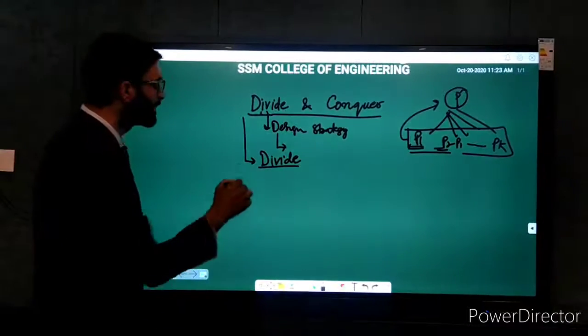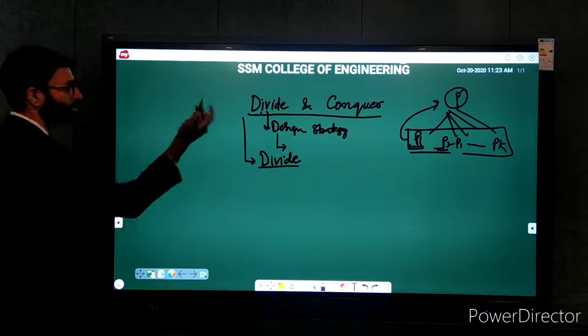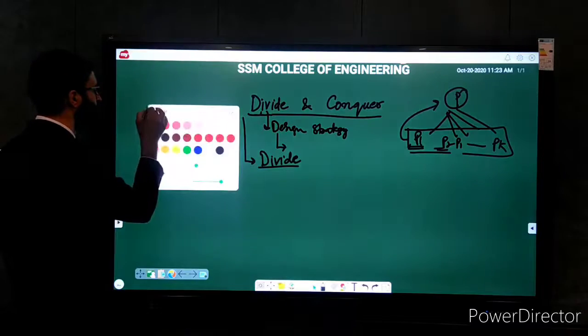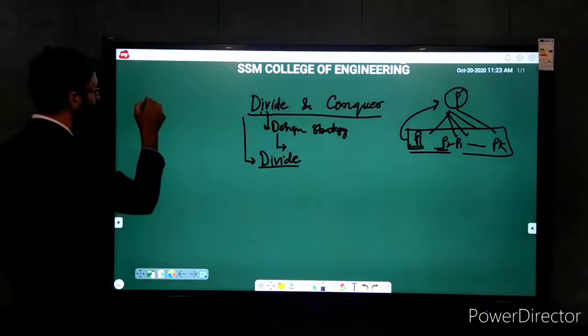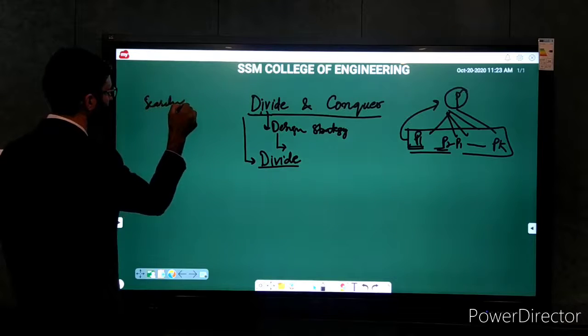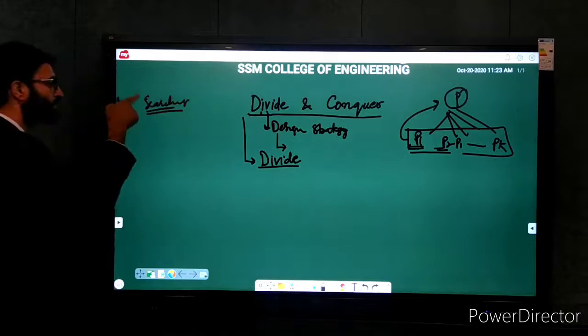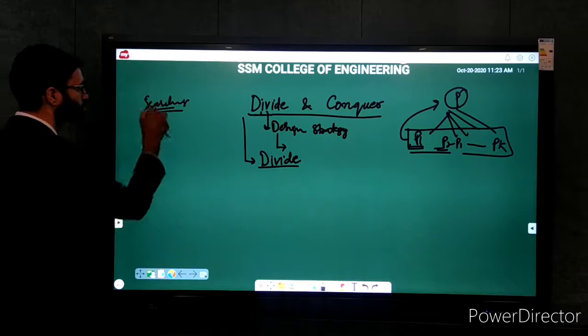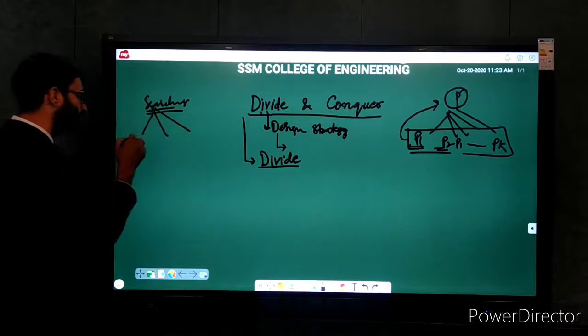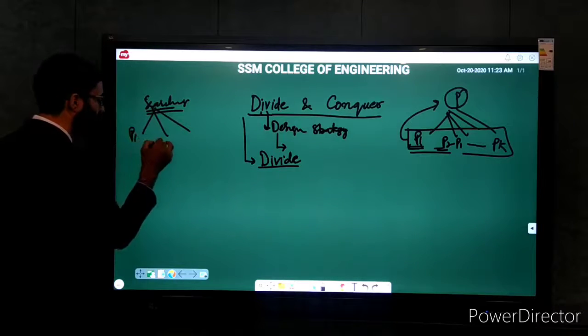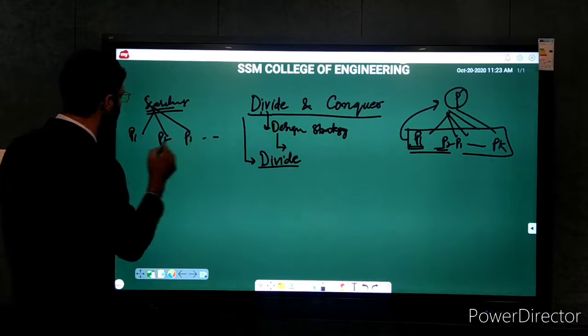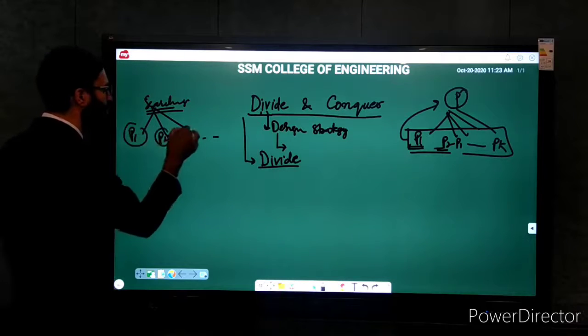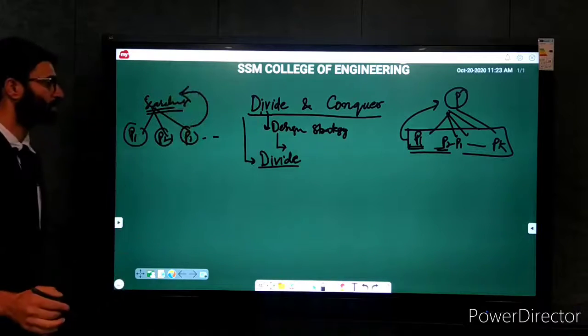For example, if the original problem is searching, when we divide this original problem into smaller instances, the smaller instances like P1, P2, P3 and so on, these should be of the same type as that of the original problem, right?